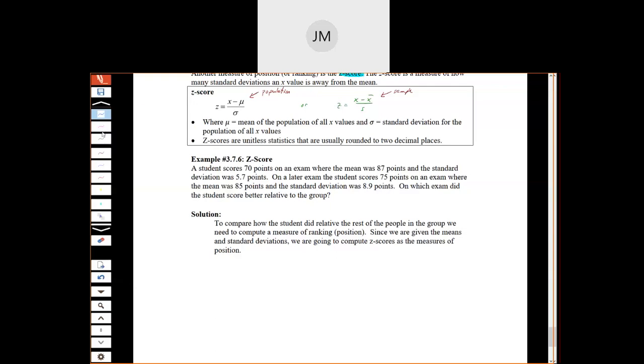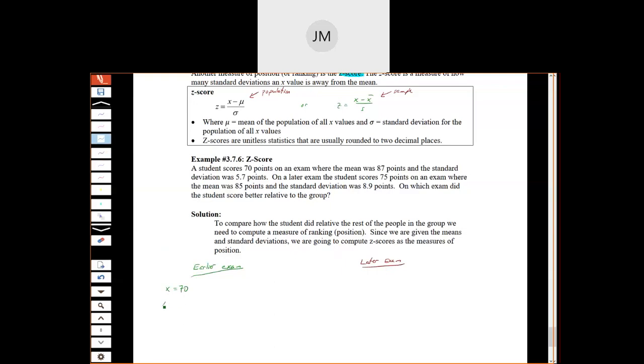So we're going to break this up into the earlier exam and then the later exam, and write down our given information. On the earlier exam, the student scored 70 points, so my X value is 70.